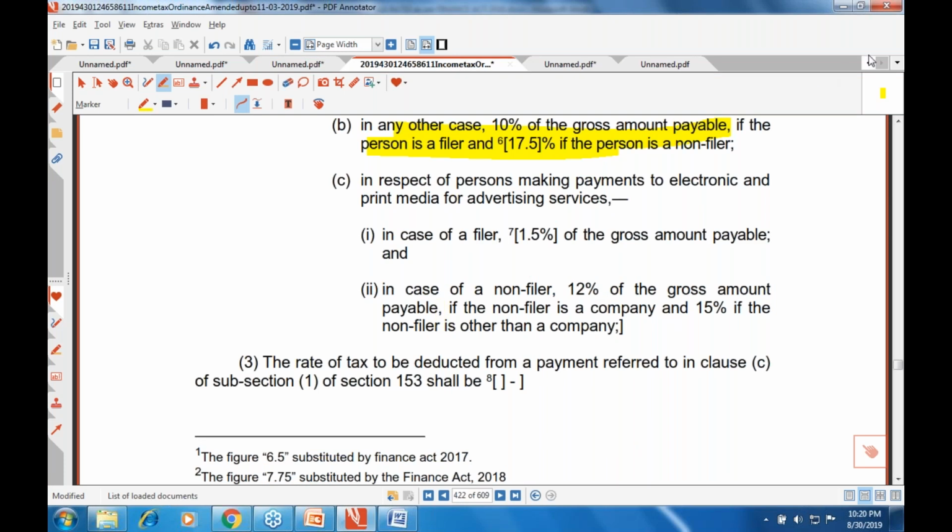Anil is asking for the example of separate tax regime. So, okay, I'm going to give you an example of separate tax regime. Just wait for a while.